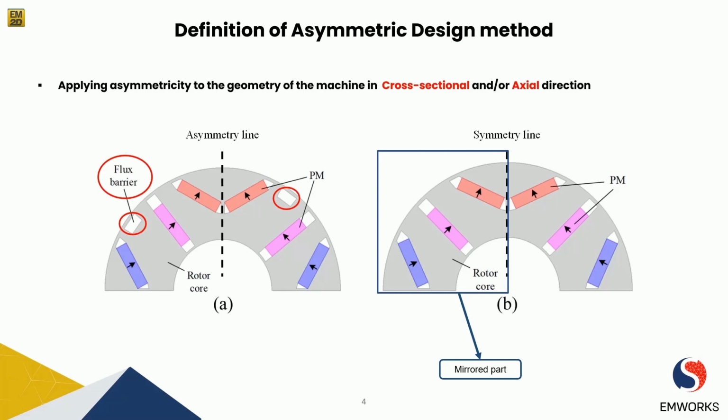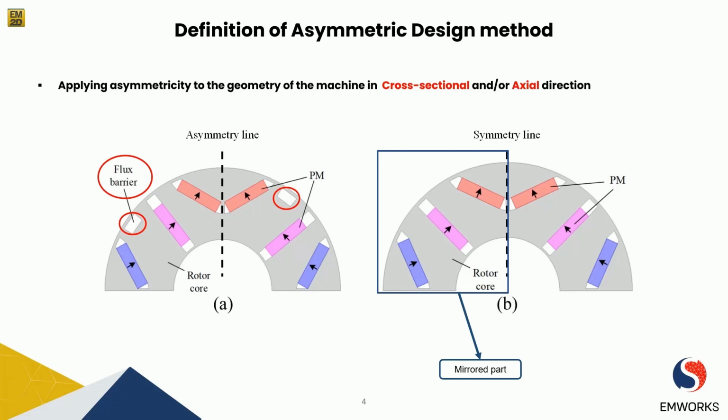And here you can see a symmetry line and a mirror part completely identical to the right side of the rotor part. But on the left-hand side of the picture, we are seeing a machine type that is asymmetric, and we have applied asymmetricity to the machine topology by using a flux barrier in addition to the whole structure.